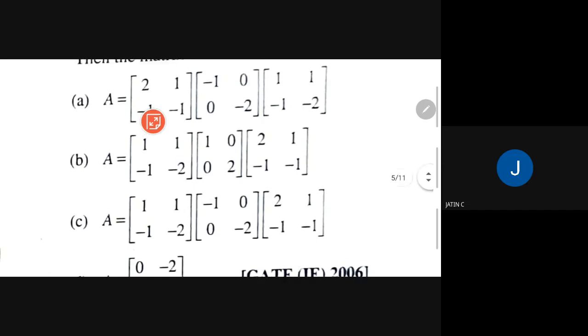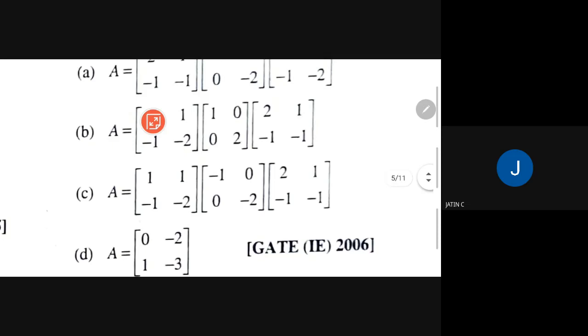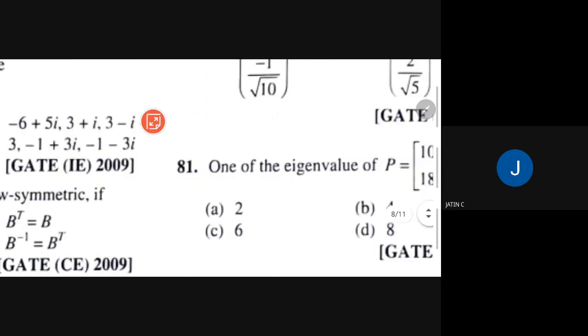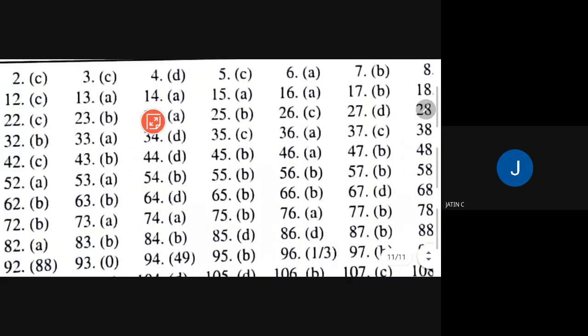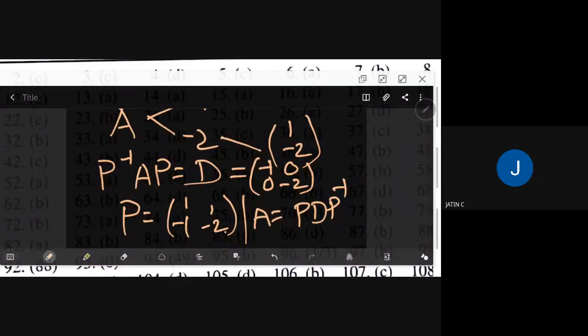Please check this in this document. What is the question number? 47. 47 answer it is there. B is giving. No, something is wrong. How can it be B?